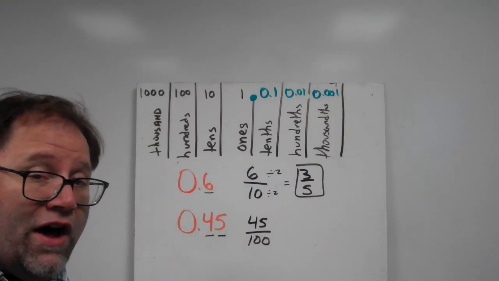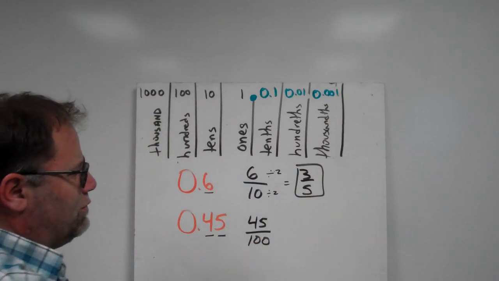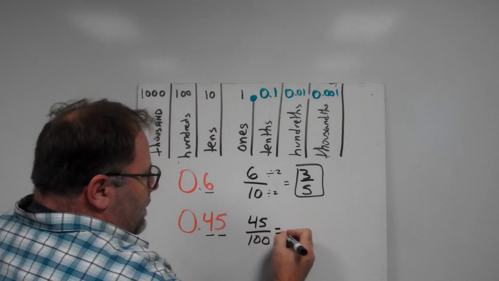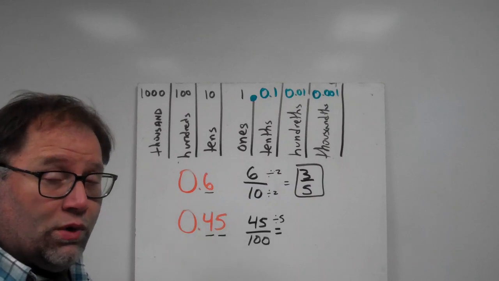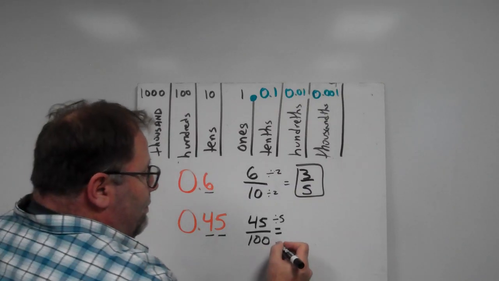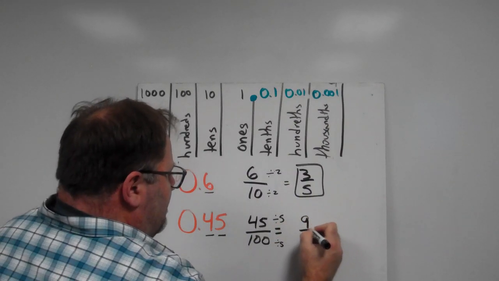Then I'm going to simplify it. And for me, I'm not going to look for the greatest common factor. I just want to divide them both by 5. What helps me to know is that I've got a ones digit of 5 and a ones digit of 0. If I divide them both by 5, 45 divided by 5 is 9.